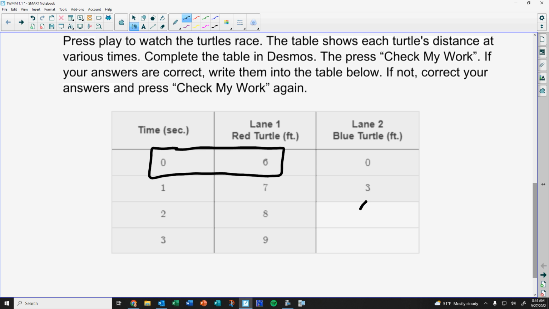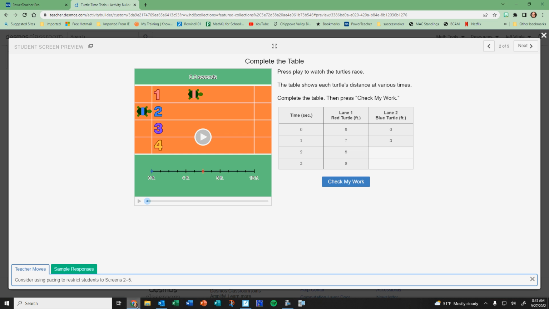Because if you saw the simulation, if you drag this to 2 seconds, you can see right there he's at 6. And at 3 seconds, he's at what? 9, right?